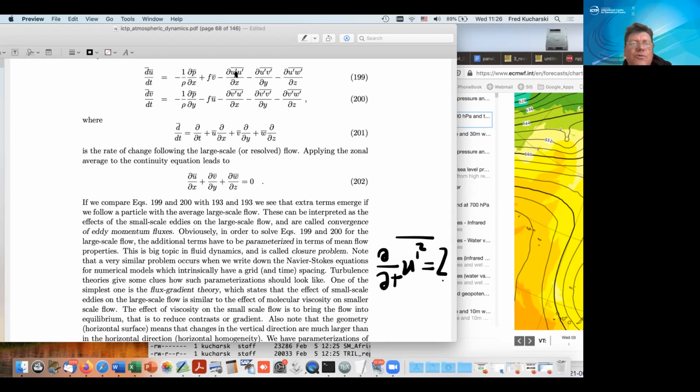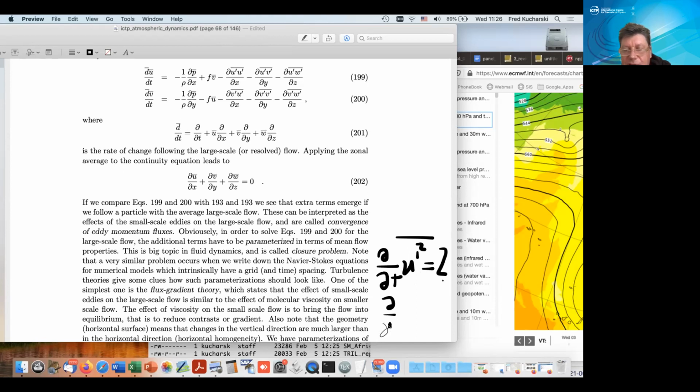That can be u prime square, that can be u prime w prime bar, and so on. If you do that, and we know the equations so we can do this, we can write down prognostic equations for these perturbation quantities. The problem is that on the right-hand side, we get triple products of these quantities. So there would be something like d by dx.